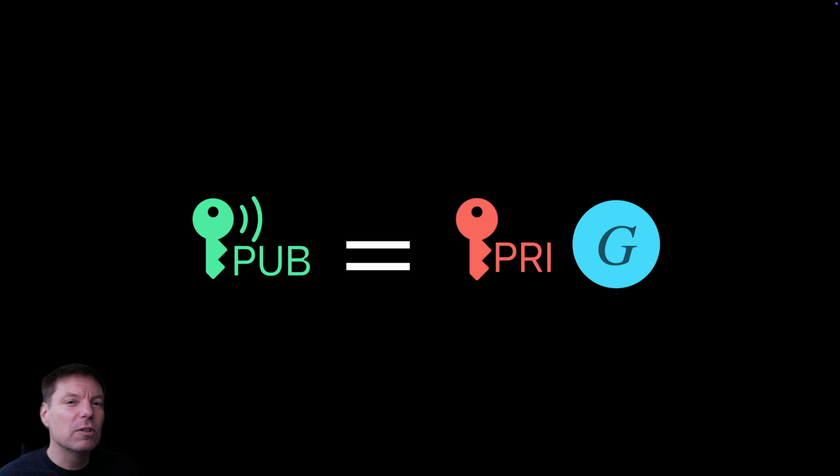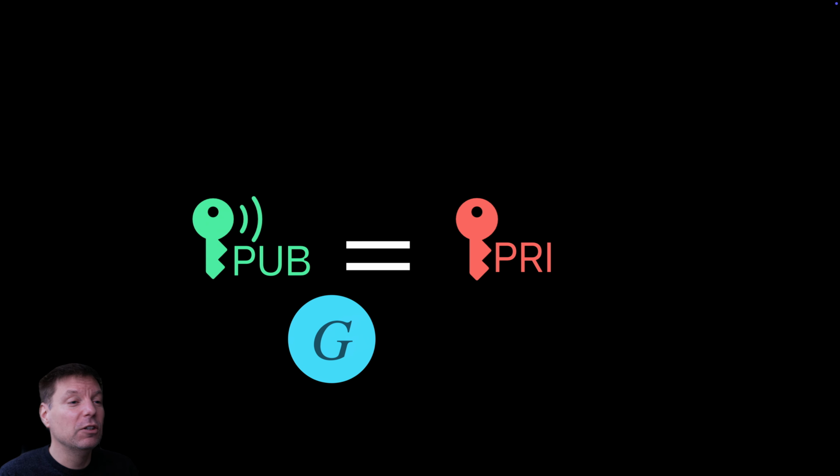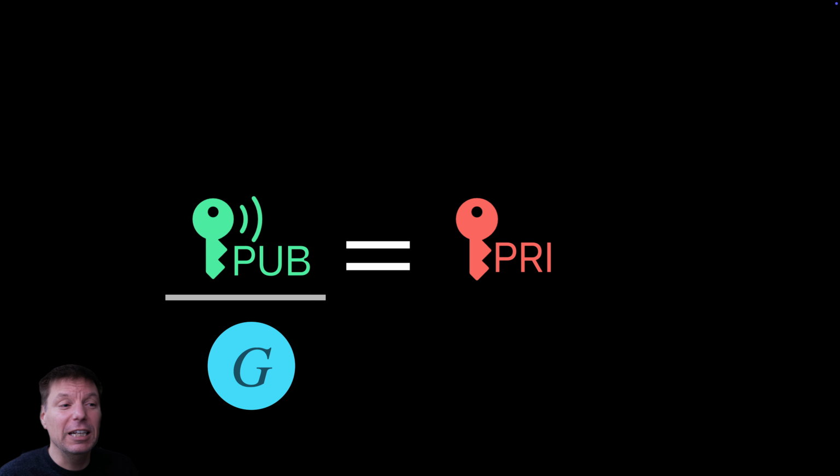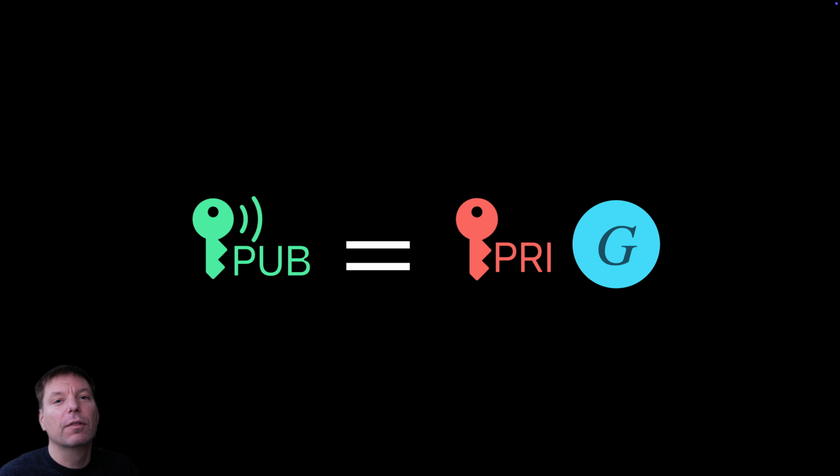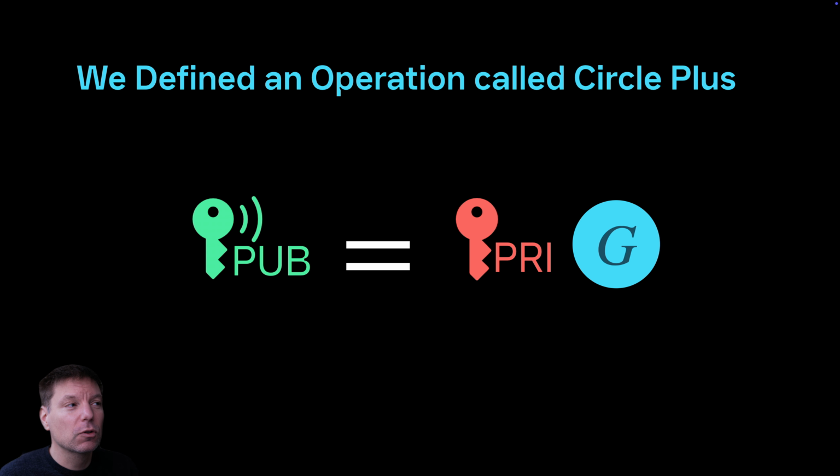Now, if you're looking at this equation, you're probably thinking, well, if we know the public key and we know G, wouldn't it be easy to get the private key just by dividing both sides by G? Well, remember, we're not working with numbers. Those are not the objects. We are working with objects, which are points.